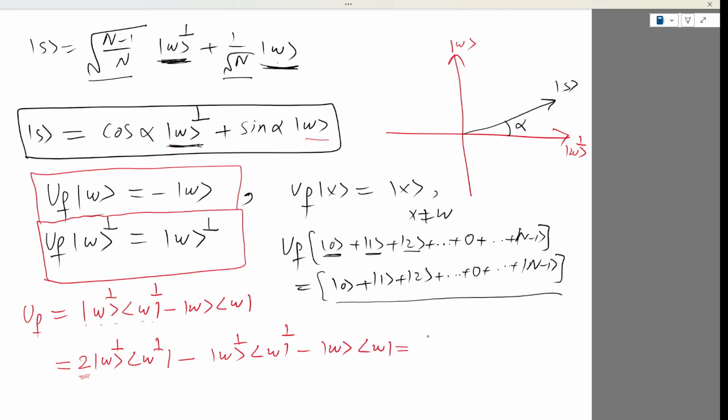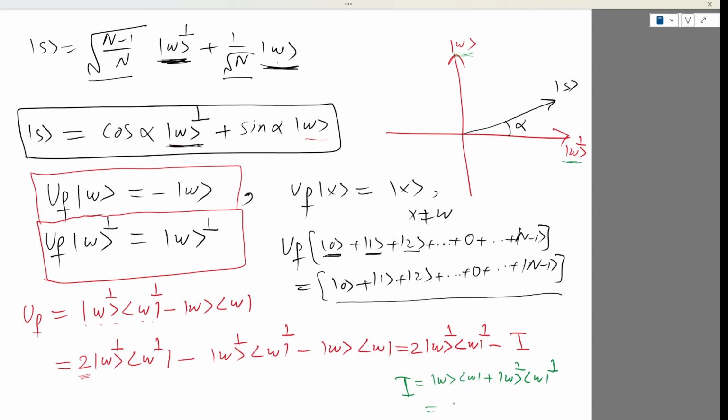So this I can write here: 2 W perpendicular minus identity, because identity is this matrix in this two-dimensional Hilbert space spanned by W and W perpendicular.